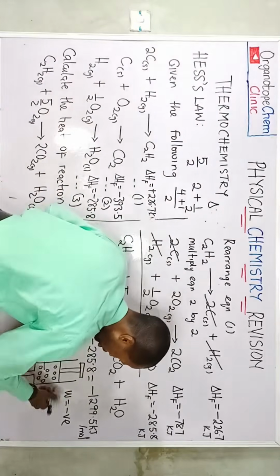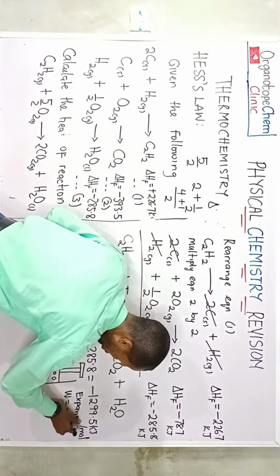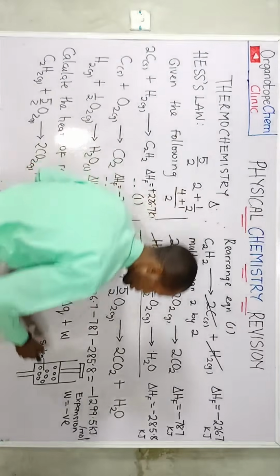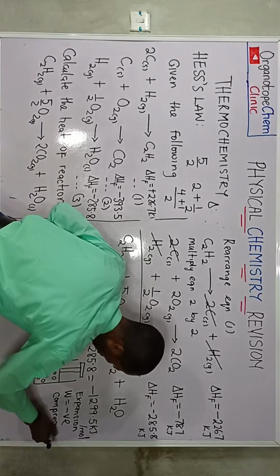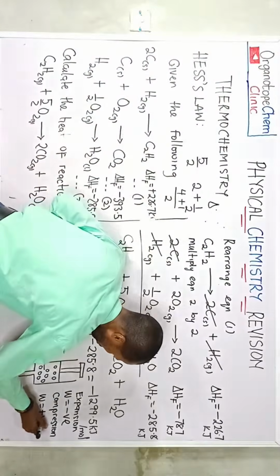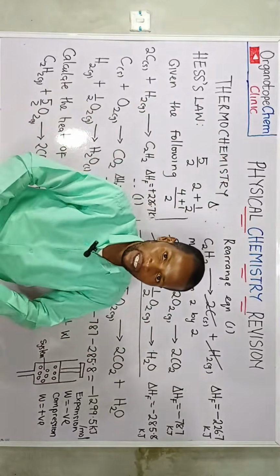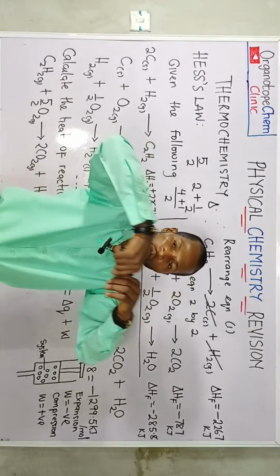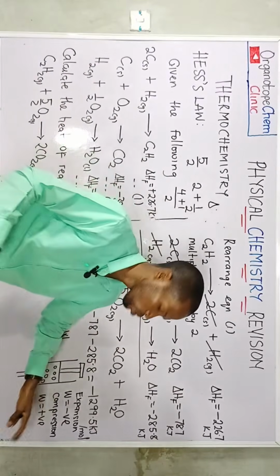Now the compression, this is for expansion. Work done is what? Negative for expansion. But for compression, work done is what? Positive. Because the piston is doing work on the system. When the piston, which is the surrounding, does work on the system, we say we are going to have what?